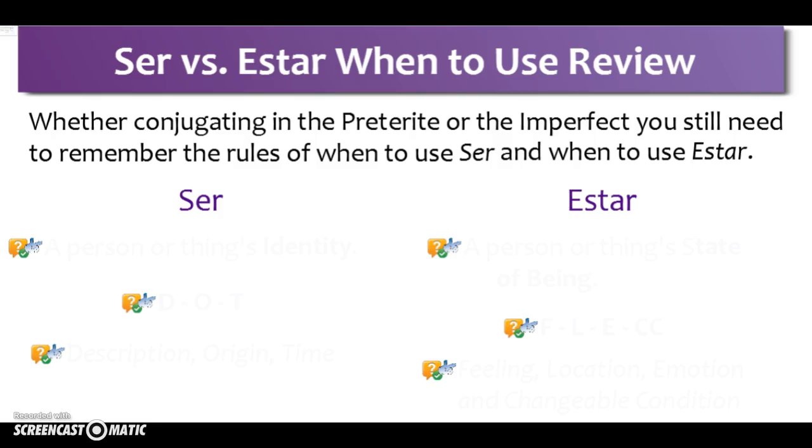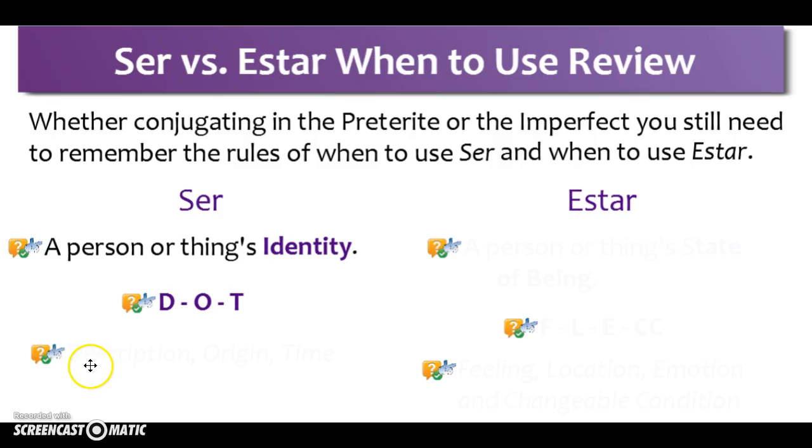Now let's review when to use ser versus when to use estar in any tense: preterite, imperfect, or present. To remember the 3 main clues on when to use the verb ser: a person or thing's identity. Anything describing a person or thing's identity.